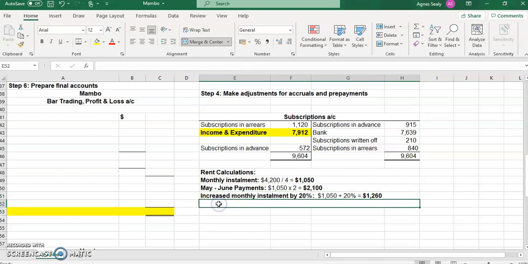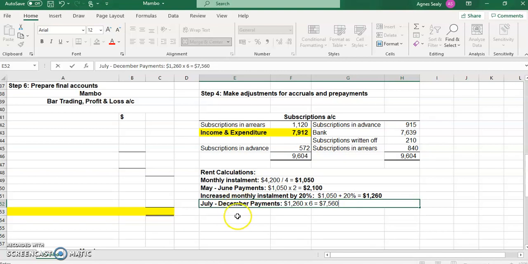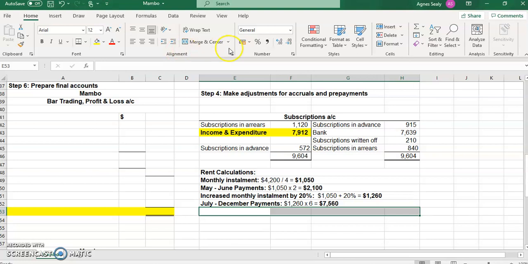So let's see how much they paid for July. So for July to December payments, that would be $1,260 multiplied by 6 months, because that is 6 months, and that gives us $7,560. So $7,560 is the payment for July to December. So let's see how much we are going to account for the entire financial year.